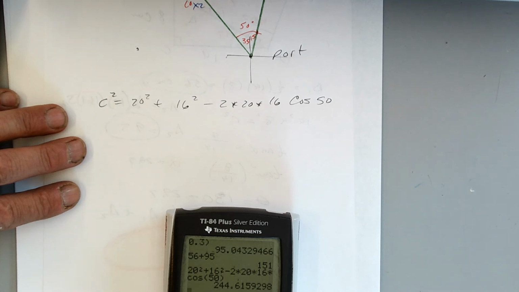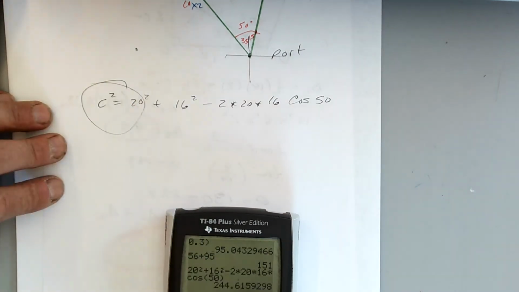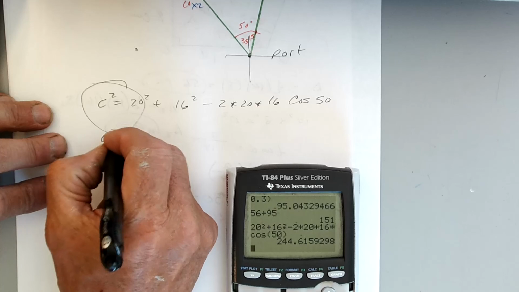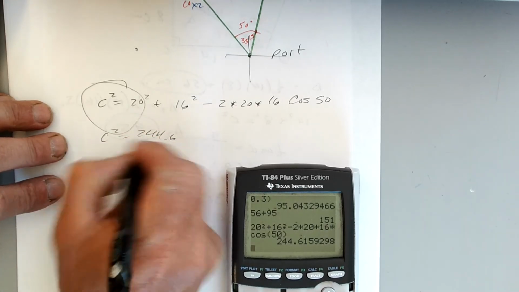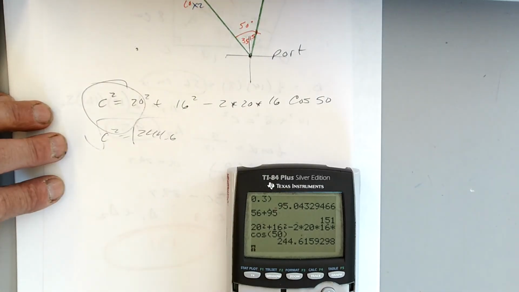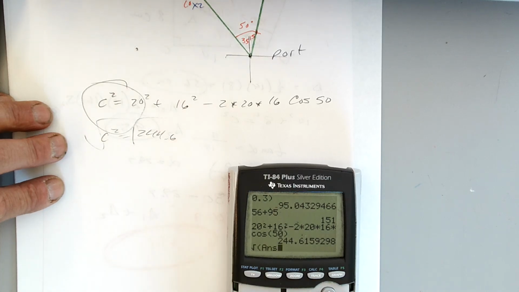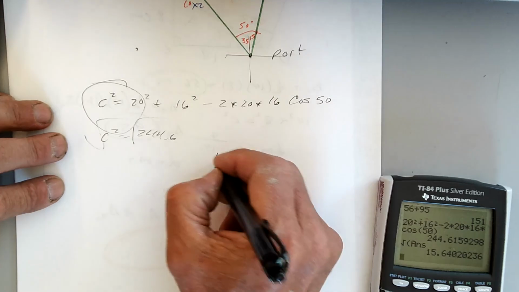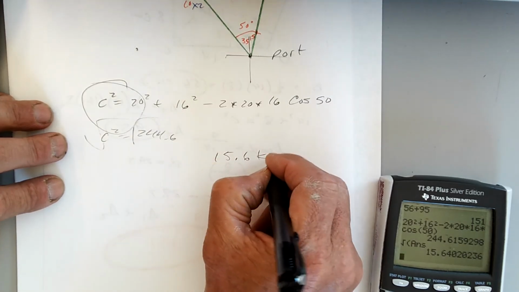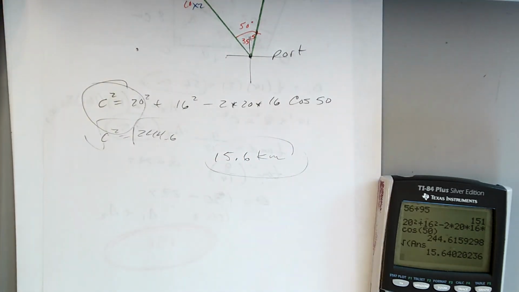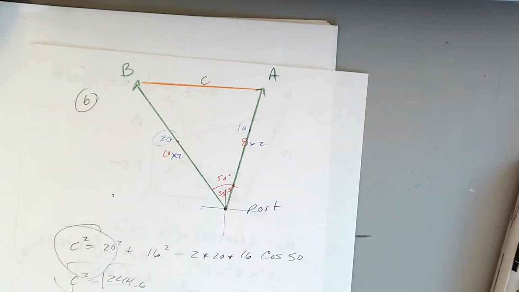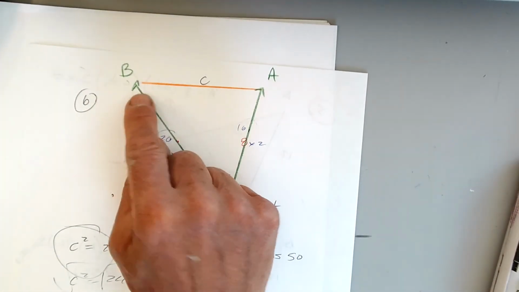And of course I'll take the square root of that. I get an answer of 244, but I don't take the square root of that yet, right? c squared equals about 244.6, square root that answer, and I get about 15.6 kilometers away. And then the last piece, I'll let you figure that out because that might be kind of like the extra. In this case, almost looks like due east, doesn't it?